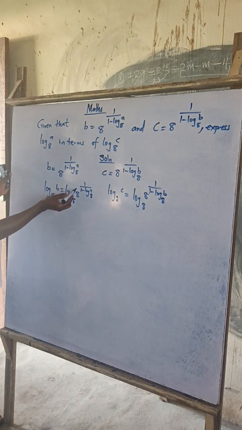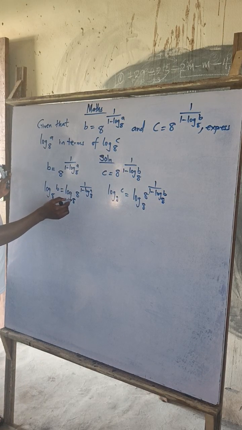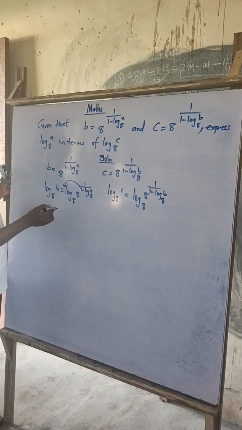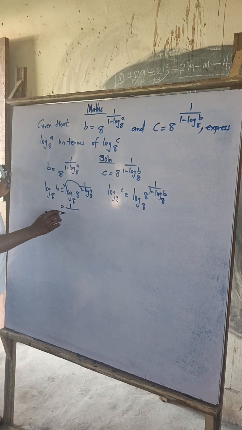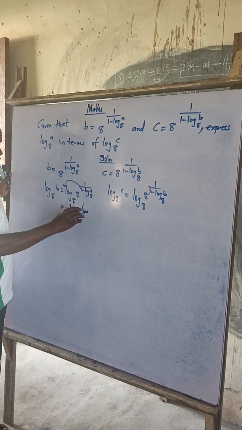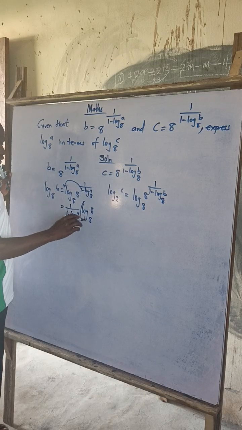Now, from the rule of logarithms, the log of a number to the same base is 1, that is log 8 to base 8 is 1. This one is coming here, so we have 1 over 1 minus log a to base 8 times log 8 to base 8, and this will give us 1.